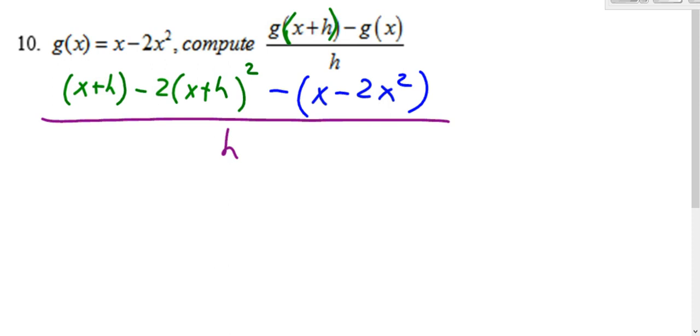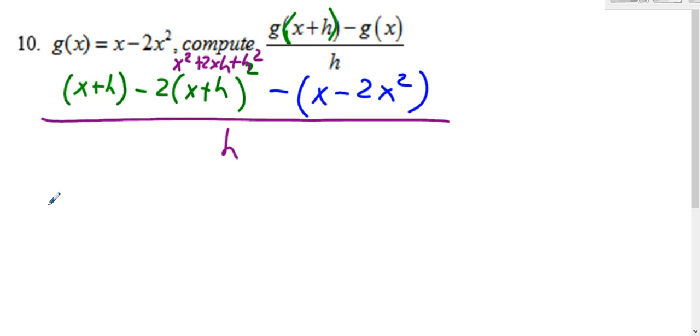You need to multiply it out, FOIL it, distribute it, combine like terms, do all the algebra steps. So when you multiply out x plus h squared, you get x squared plus 2xh plus h squared times that negative 2 right there.